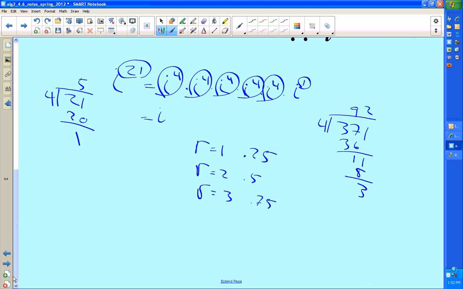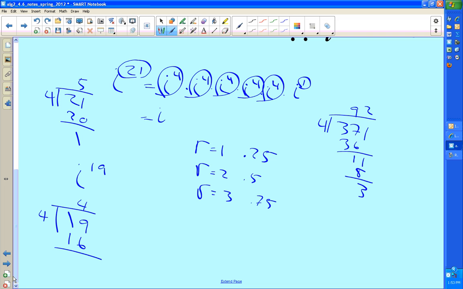Okay, so then we want to do a remainder of 3, right? So i to the 19th. We take 19 and divide it by 4. How many times does 4 go into 19? 4.75. No, I want to know how many? 4 times. 16, what's the remainder?